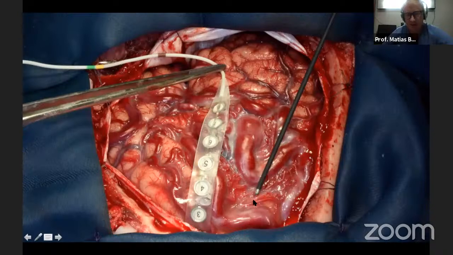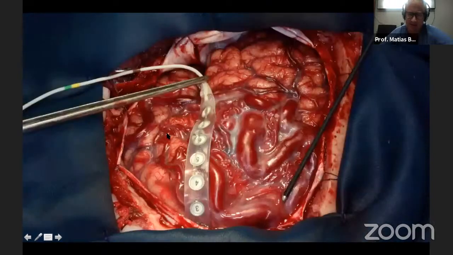Here we obtain motor response, for example, monitoring the cortex, the superficial neuromonitoring functions and the subcortical too, in order to preserve the corticospinal tract intact with this monopolar stimulation, and of course with these cortical grids, in order to localize in a perfect way the region where the motor function is represented in this cortex.